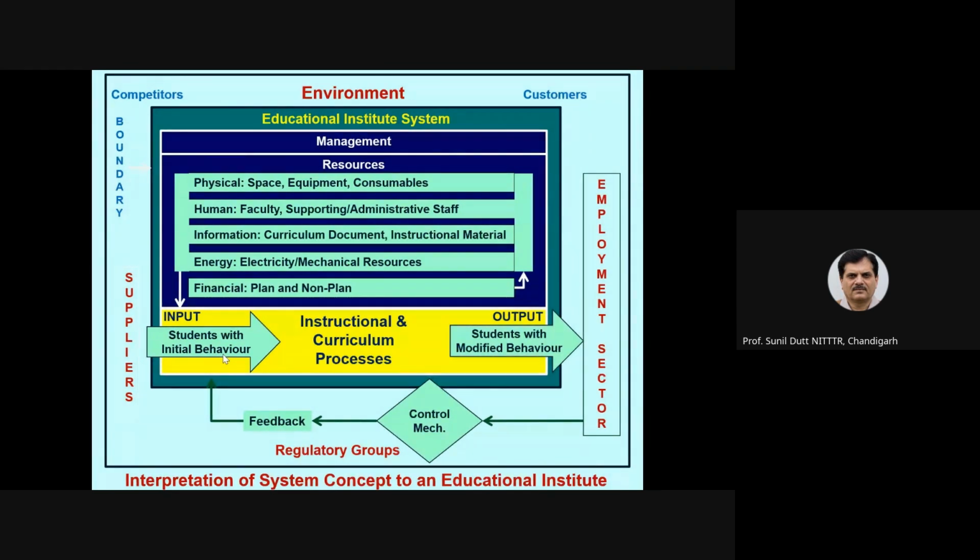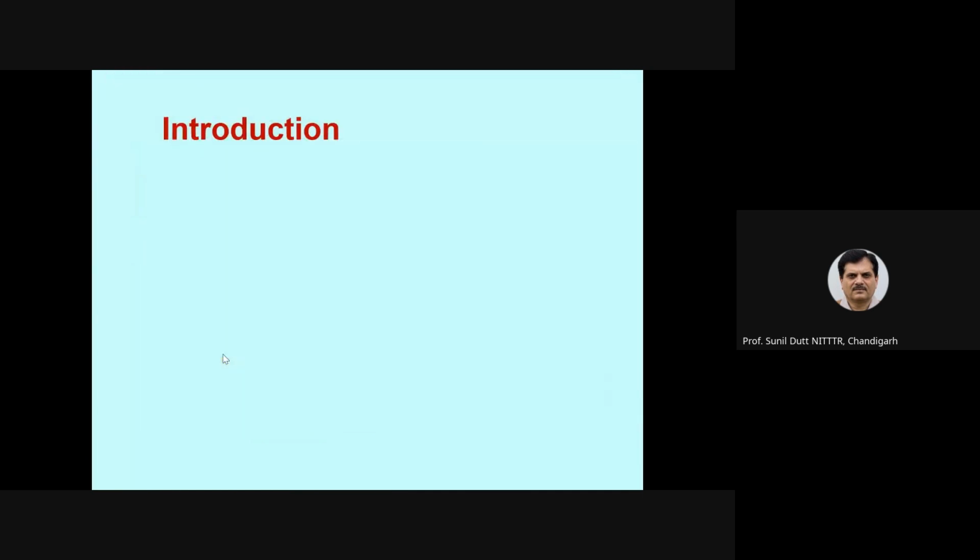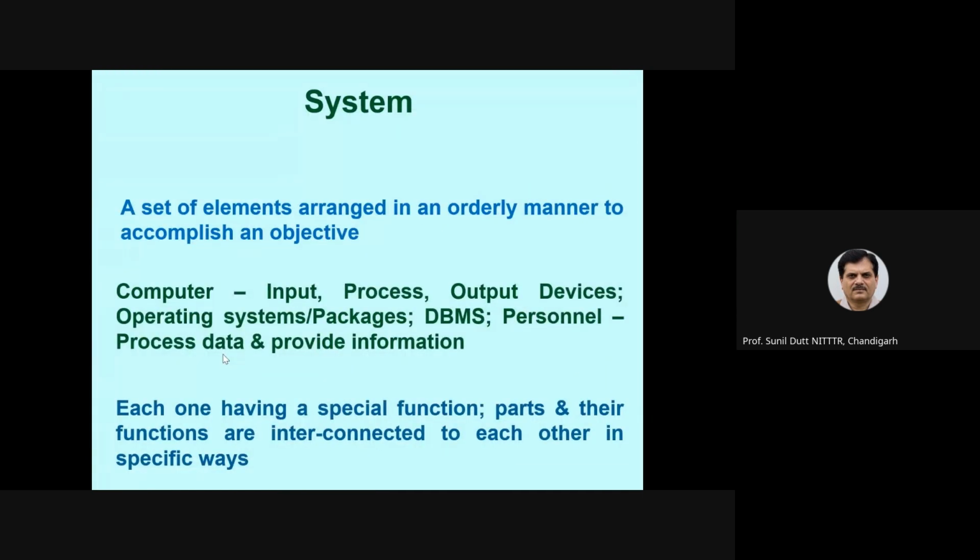Just now I gave the example of the computer as a system, okay, input, process, output. The purpose is to process data and provide information. For this purpose, these are the components we need.